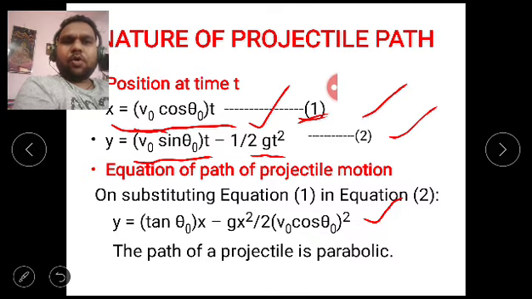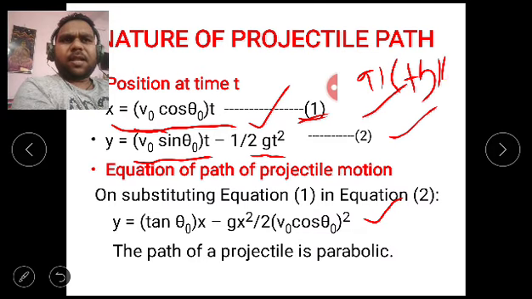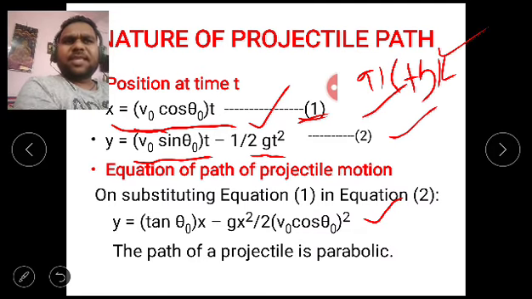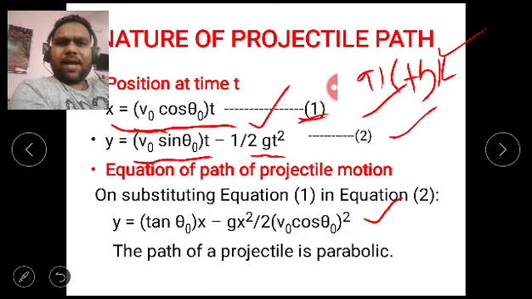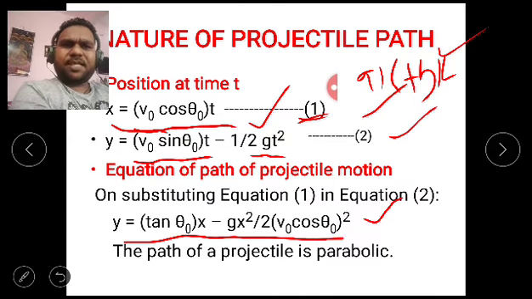So we know that y is equal to ax plus bx square. What is this? This is the equation of a parabola.